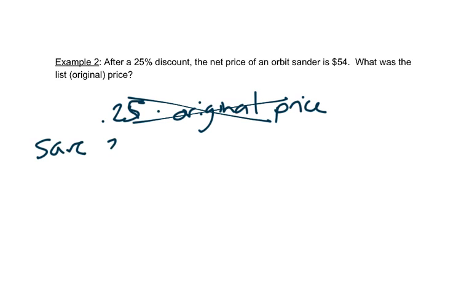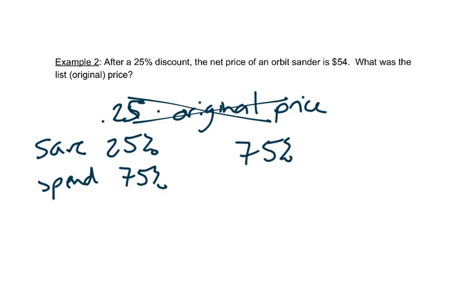If we save 25%, that means we're actually spending 75%. So 75% of the original price is equal to what we spent, the $54.